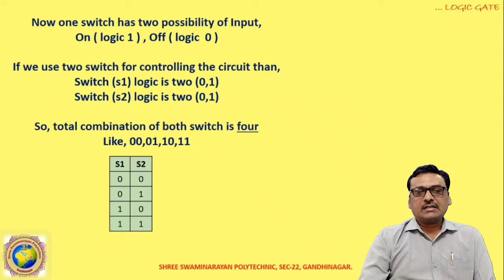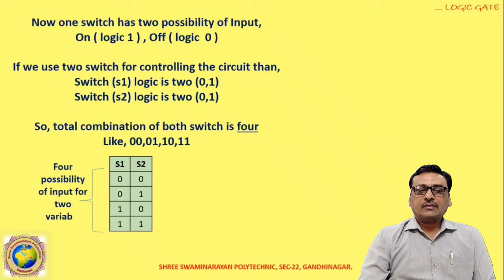The output is what happens in the circuitry. Suppose the inputs are S1 and S2. The combinations are 00, 01, 10 and 11. Every student must remember this sequence, 00, 01, 10 and 11, for this particular subject. Everyone must remember these four combinations for two switches or two inputs.